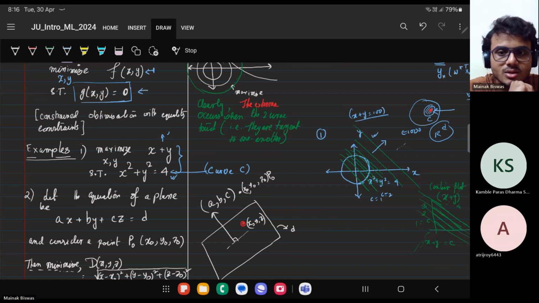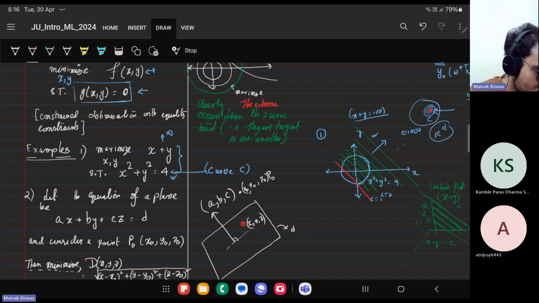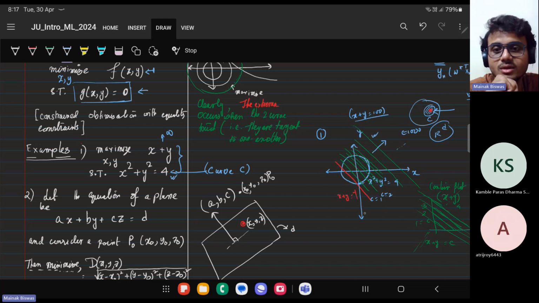Any doubts? Can you tell me at what point I should stop? At this point, x plus y equal to, let me put it correctly, -1. But is this the maximum value it can have?